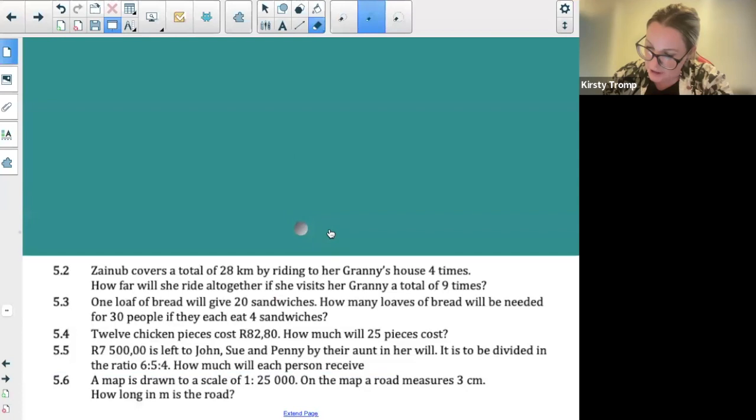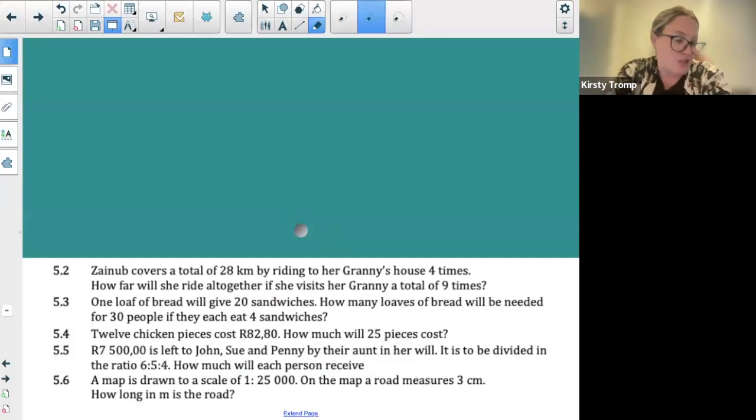I want to have a look at these questions at the bottom of the screen. I want to have a look at question 5.2, 5.3, 5.4, 5.5, and 5.6. Exactly, Bree. Bree, you are right. The key part is to find out what 1 part is and then to multiply it in.